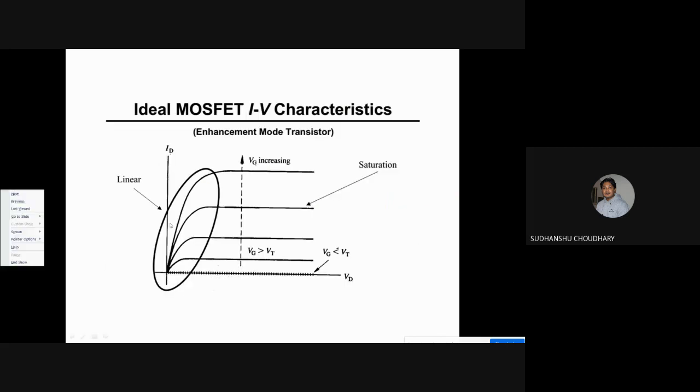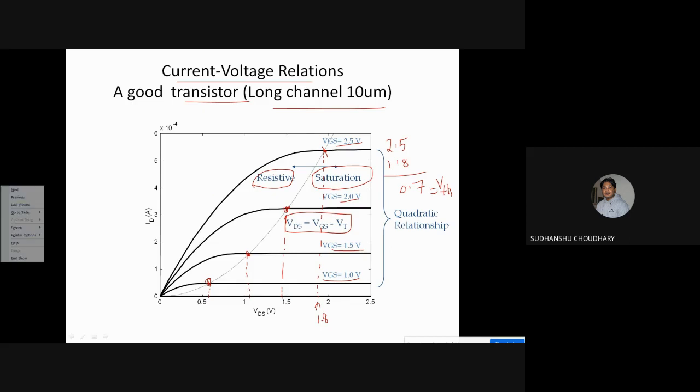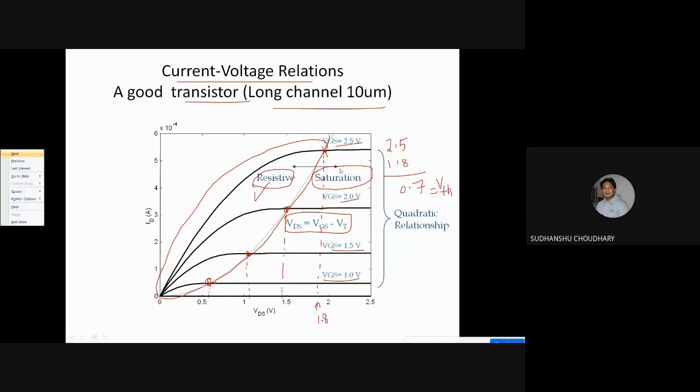In this region, from here to here, the device is in linear or resistive mode, and after this it is the saturation region. Same here: everything to the left of these red dots is linear or resistive, and to the right of these dots is the saturation region.